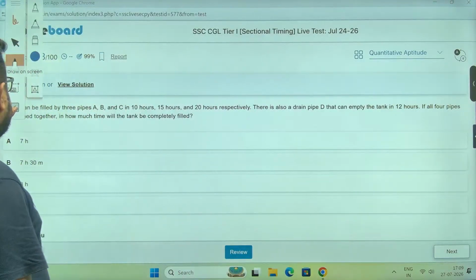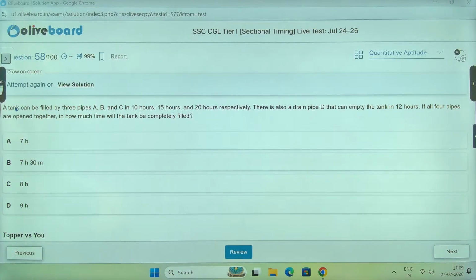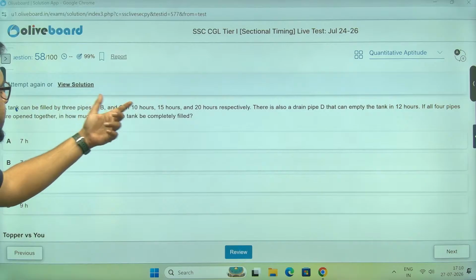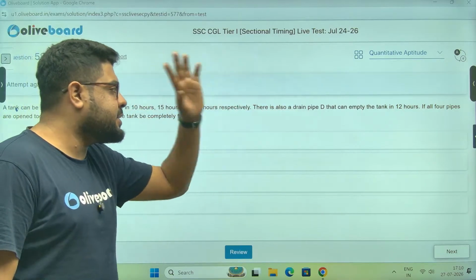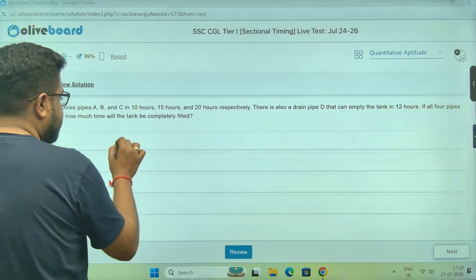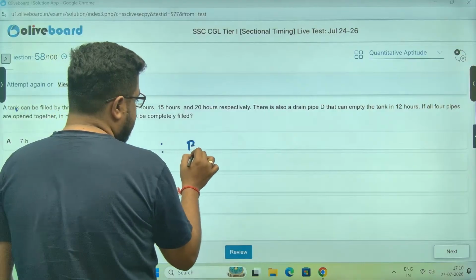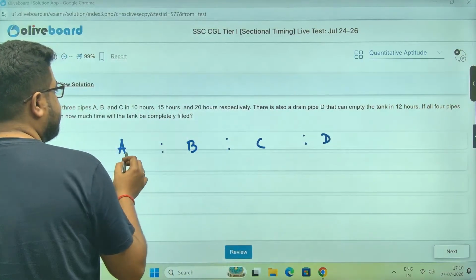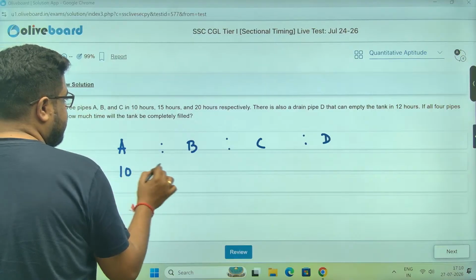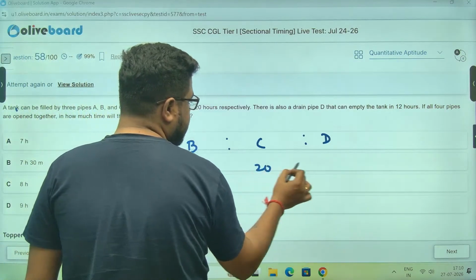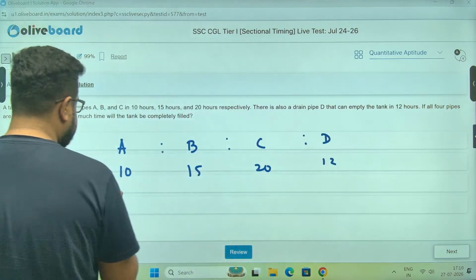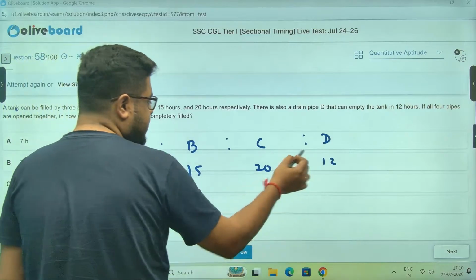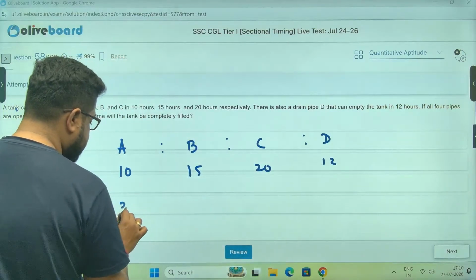Chalo, next question, let's see. A tank can be filled by three pipes, 10, 15, this. D is the fourth pipe which can empty. Okay, first A, B, C, and D. So this will be 10 hours, time ratio 10, 15, 20, 12. So the efficiency ratio will be the opposite. Multiplication of these two, 180, 360.